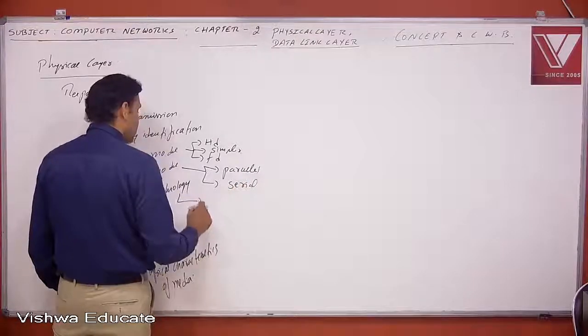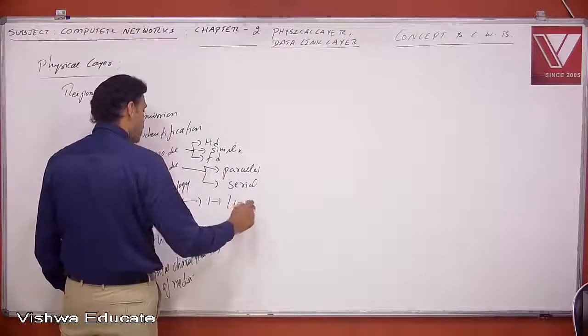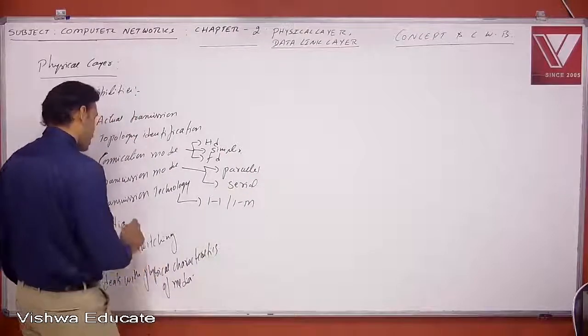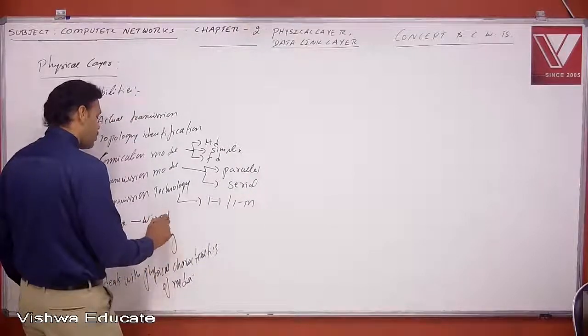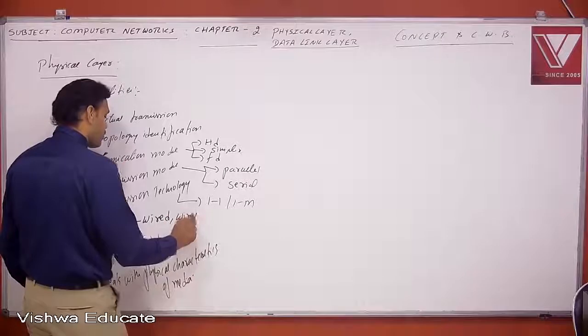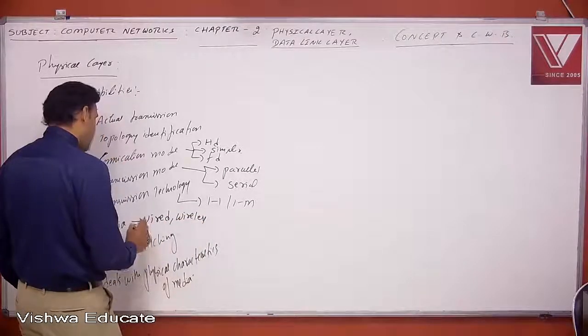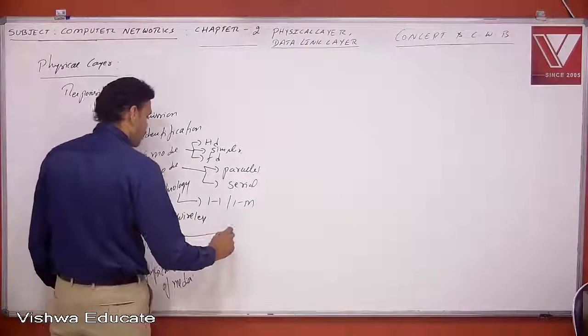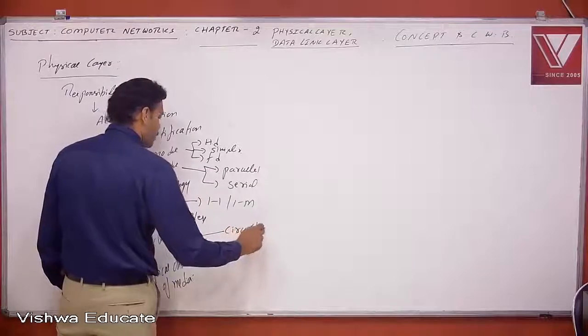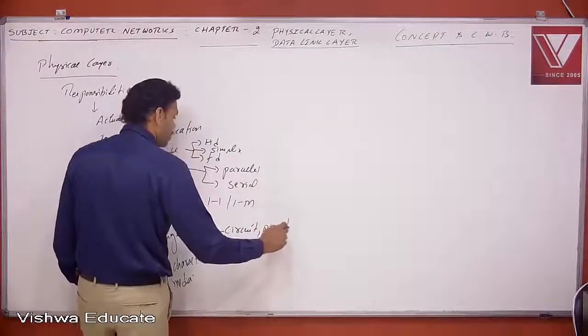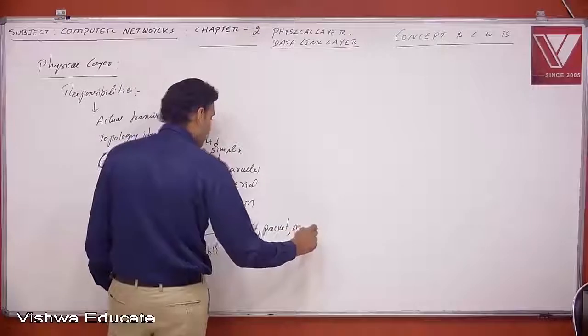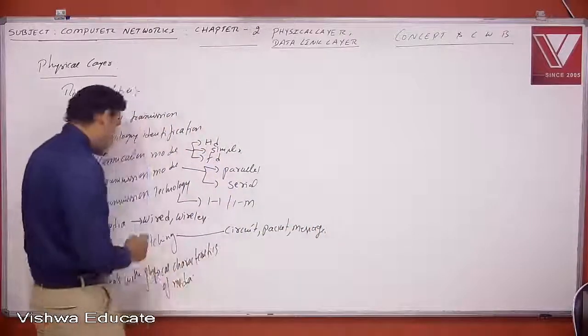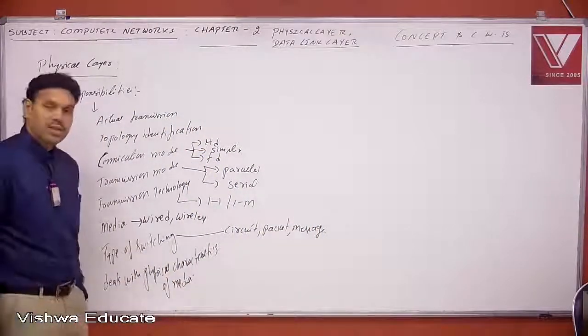Transmission technology we have seen as either 1 to M or 1 to 1, media as wired or wireless, and we also saw type of switching like circuit, packet or message. We also see it deals with the physical characteristics of the medium.